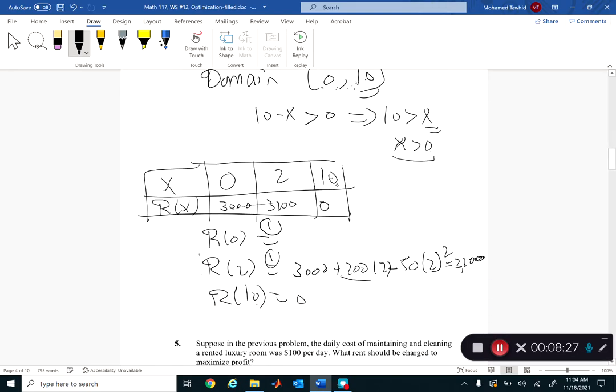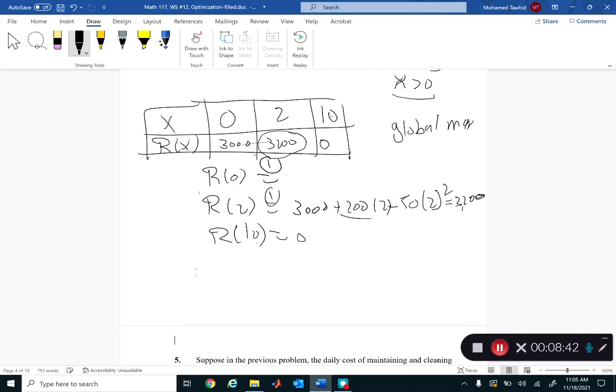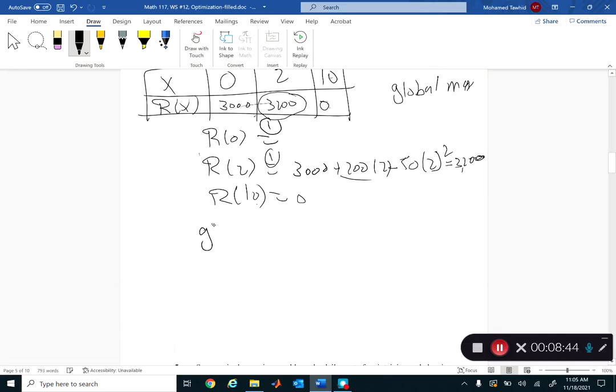So when I look at the table here, what is the smallest value you have? That is your minimum. The highest value you could have, that is the absolute maximum. So our global max, that is the global max of your revenue, which is 3200, when x equals 2.